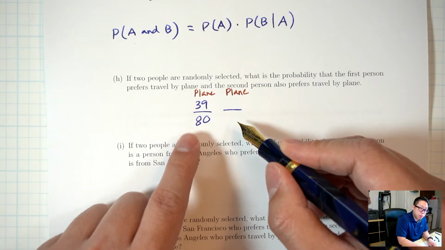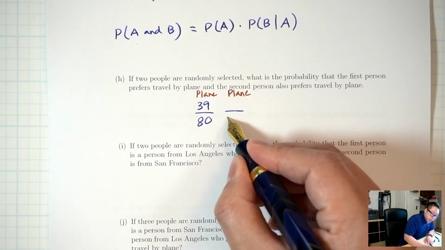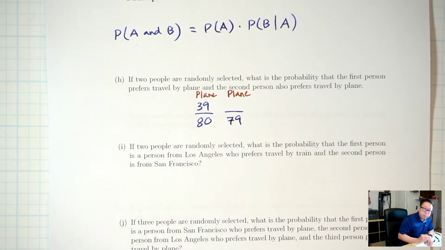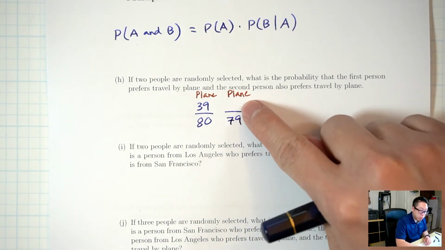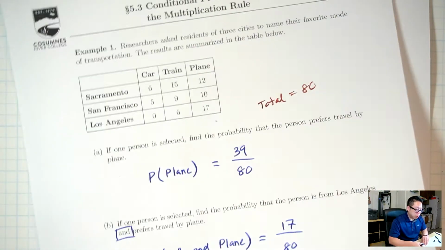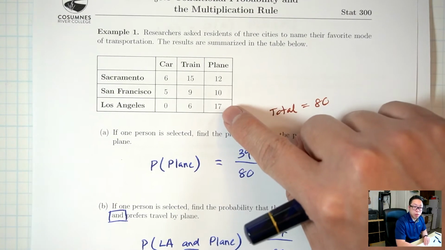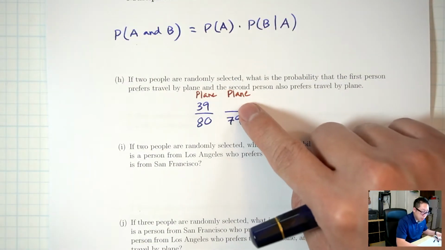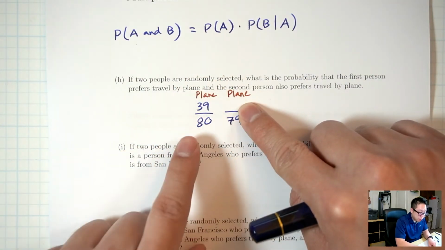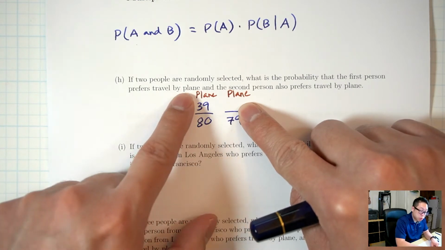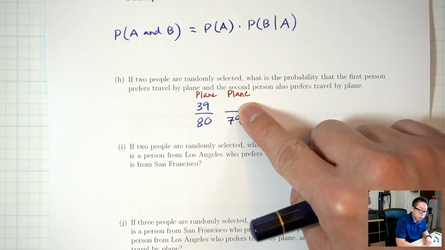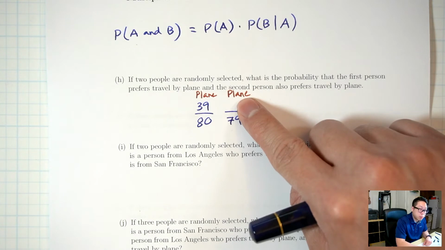Right? I should be down by 1 person. So I should be down to 79 people now. And then for the top, I want a plane person. So plane person would be 12, 10, 17, which is 39. But once again, keep in mind that I already have this first person who was also a plane person. So I don't have the full 39 here. I should be down to 38.